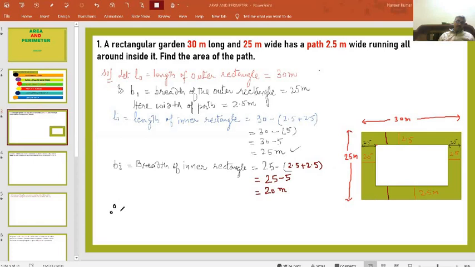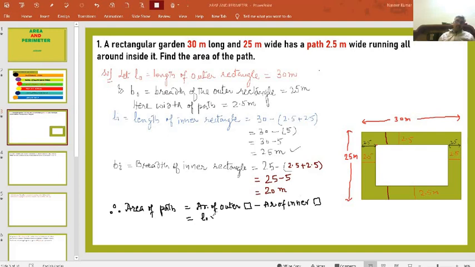Therefore, area of path is equal to area of outer rectangle minus area of inner rectangle. You can write like this. What is the area of outer rectangle here?